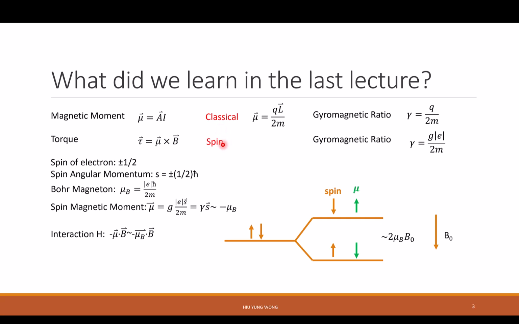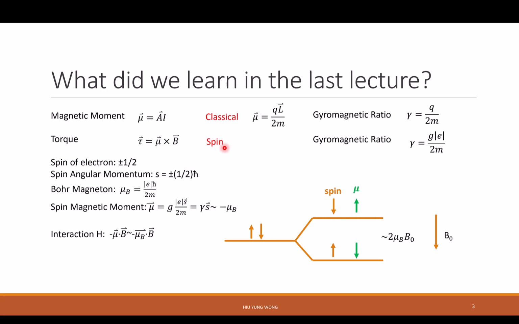But spin itself is just a property of a particle. You just take it for granted. It is given maybe from the Dirac equation. It comes from fundamental physics and math. Some particles have spin, just like some particles have positive charge, some have negative charge, some are neutral, and some have spin, some do not have spin, for example.